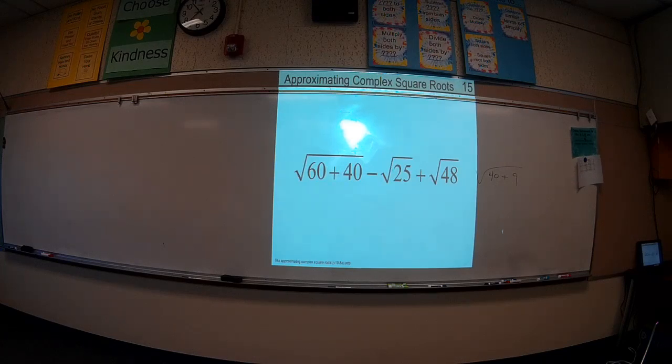You add it. Don't add it. Square root it and then add it. Square root of 48 should be 6. It's just a little bit more than 40, a little bit less than 45. So 6.9. Oh, so you lost right there. 11.9.